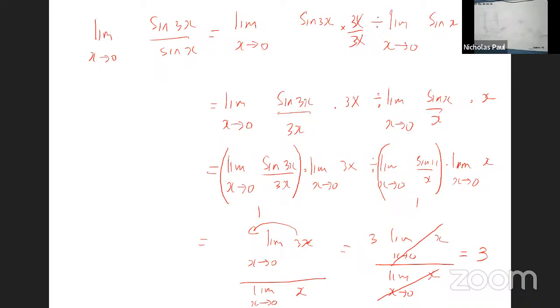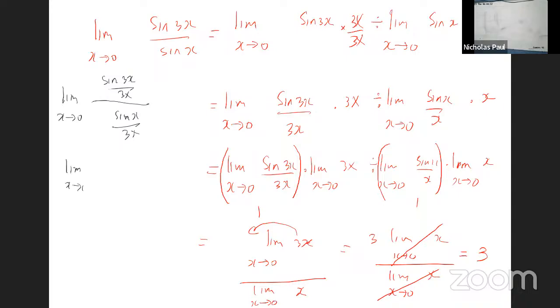Right? There's a next way. I don't really like it too much, but I'll also show you. Right? Because you know you want 3x here, you could divide this by 3x. And you could divide this by 3x. Right? You divide in both the top and the bottom by 3x. And you'll write it like this.